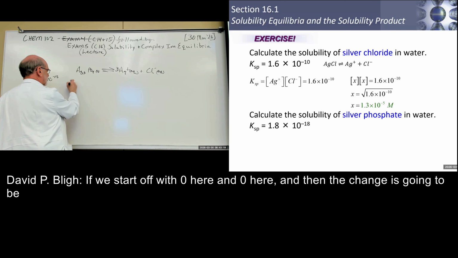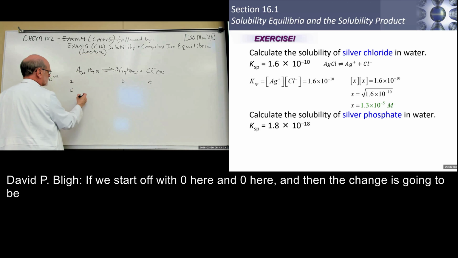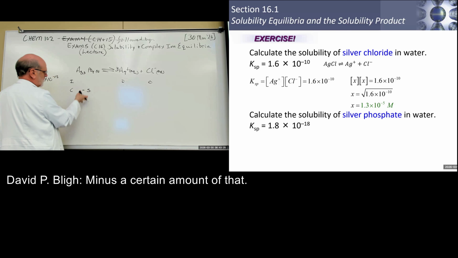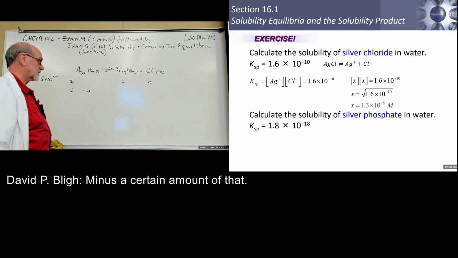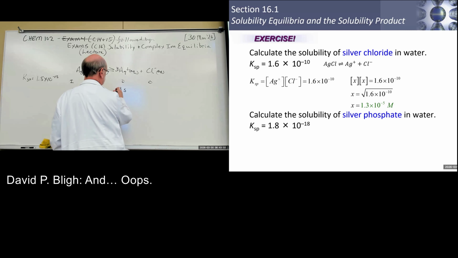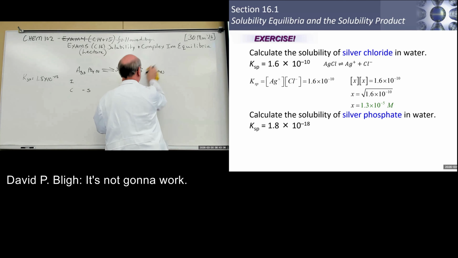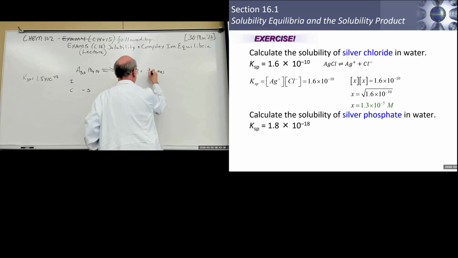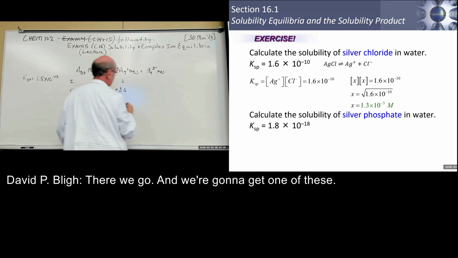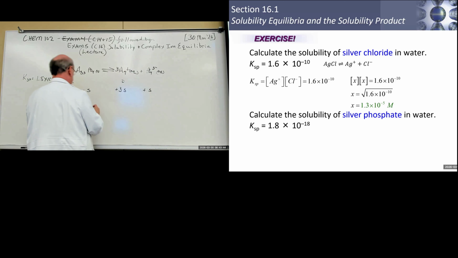And if we start off with 0 here and 0 here, and then the change is going to be minus a certain amount of that, then we're going to get 3 times that over here. And we're going to get one of these over here.